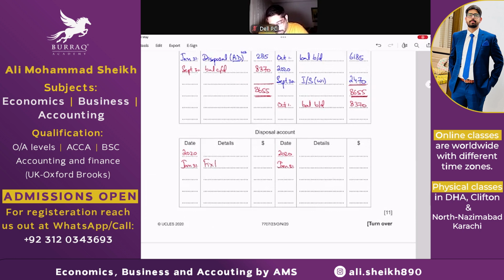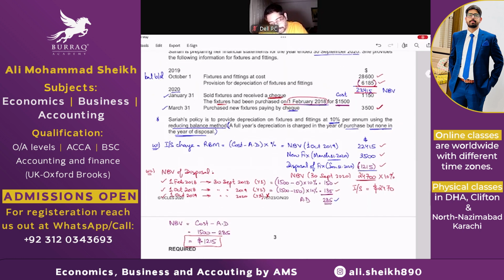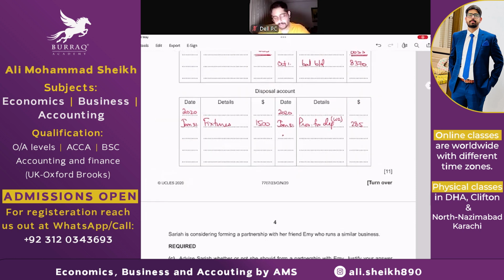The cost of fixtures was 1500. The provision for depreciation in working number 2, we had found $285. The asset was disposed and received a check of 1150. It will be credited. The double entry would be bank debit, disposal account credit.